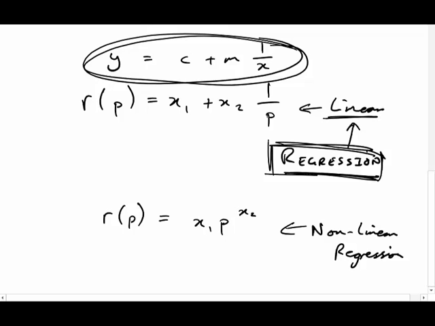Now that's important, the difference between a linear regression model and a non-linear regression model, because with a linear regression model, you're often able to find what's known as a closed form solution.